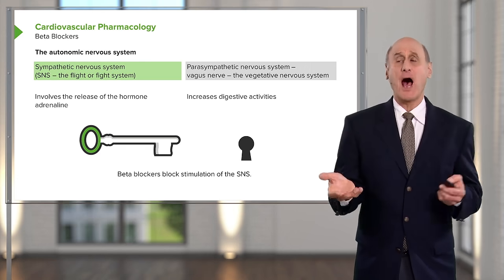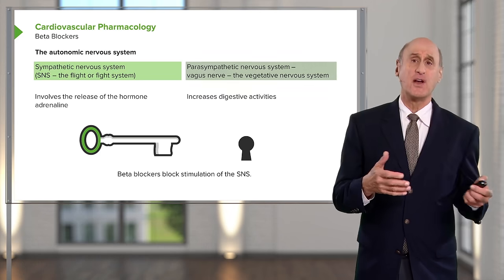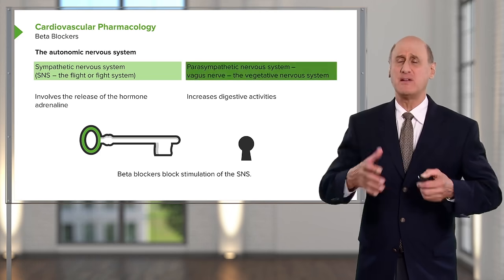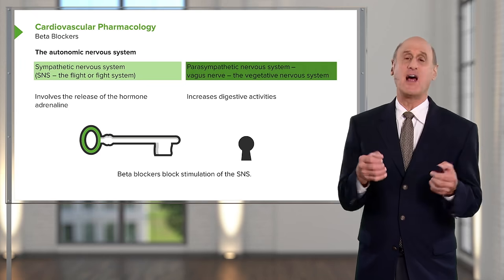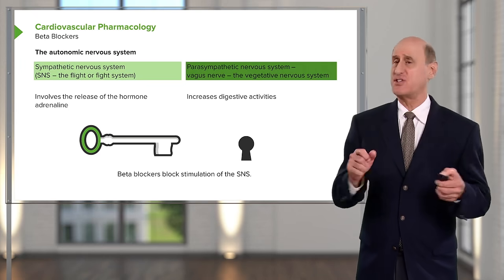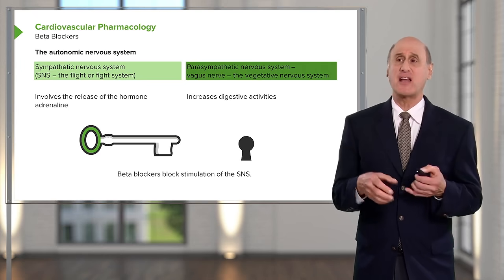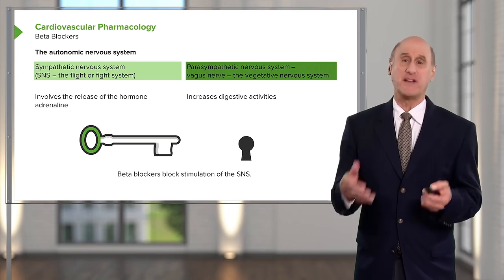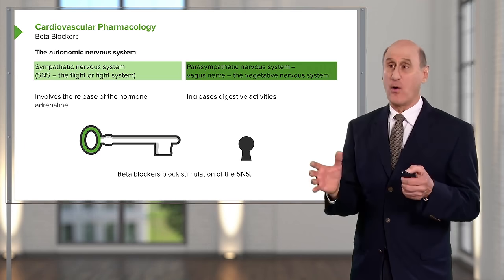Now, the opposite effect occurs from the parasympathetic nervous system. That's when you eat a meal and you feel a little sleepy and you lie back and you relax. That nervous system increases the digestive activities, which of course are the exact opposite of what you'd want if you were flying or fighting.